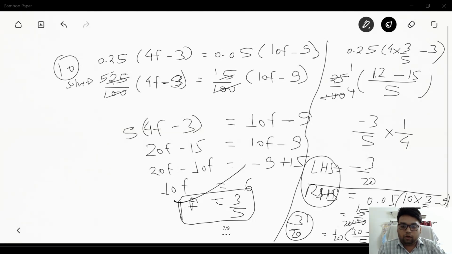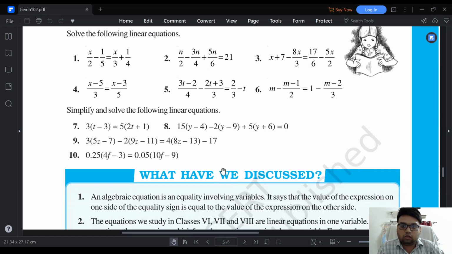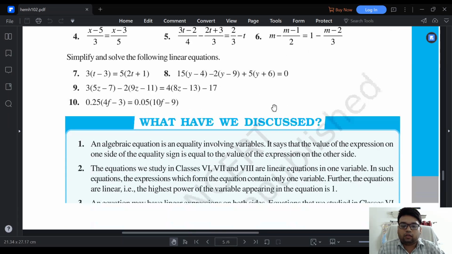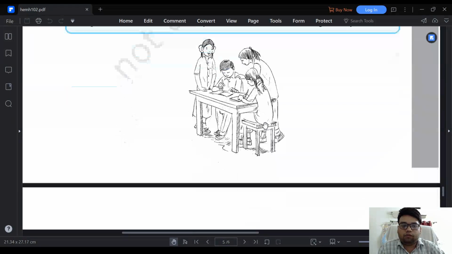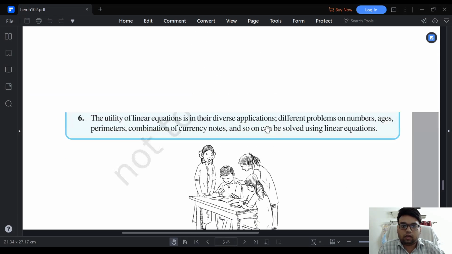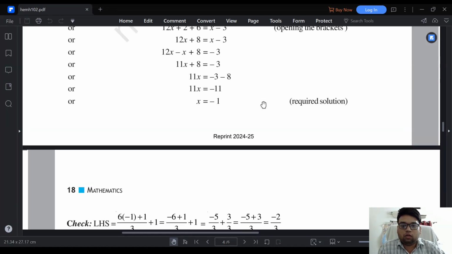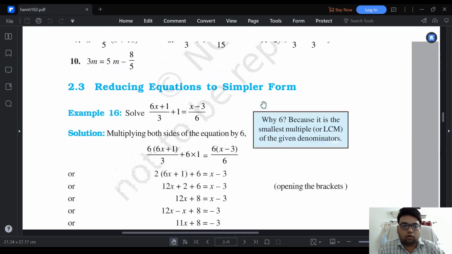So this is the way to solve this type of question. Now I think you have a better understanding of how to solve this type of question. Some more questions are also given; you have to try them on your own, and hopefully you will understand. If you are facing any doubt in exercise 2.1 and exercise 2.2, then mention your question number in the comment section.